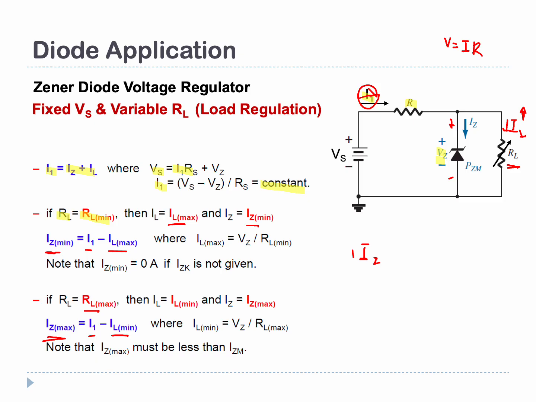Your IZ is going to be in a range, which is in a range of min, so this is min, and it cannot go beyond the maximum value. So this is max. So your IZ is going to be a range answer.